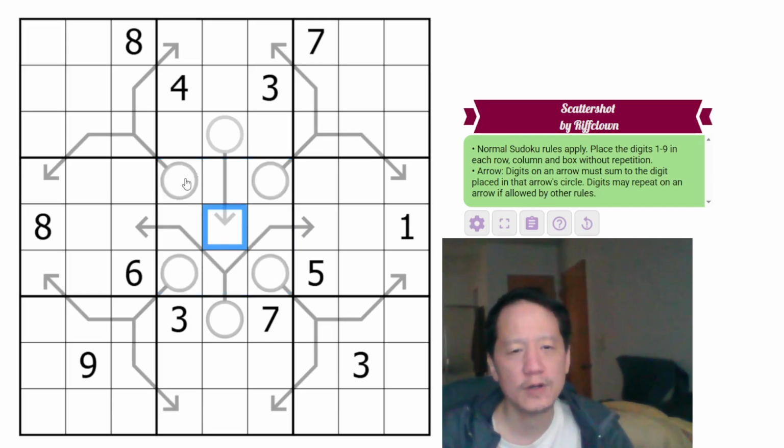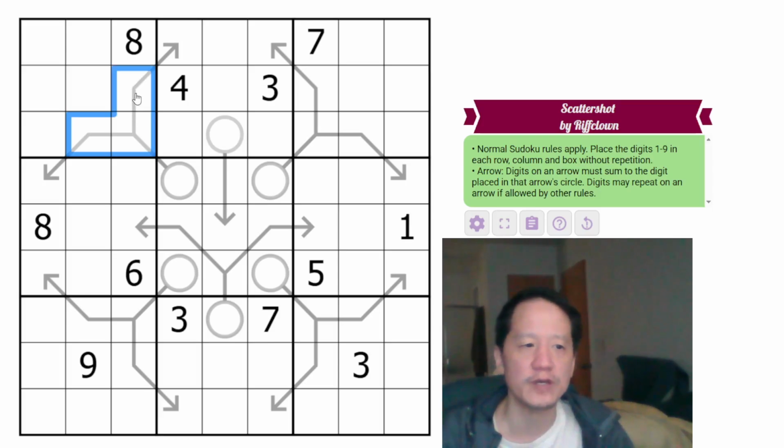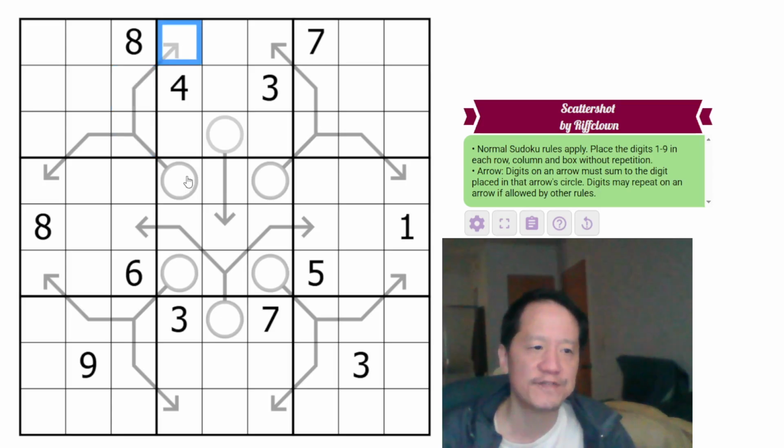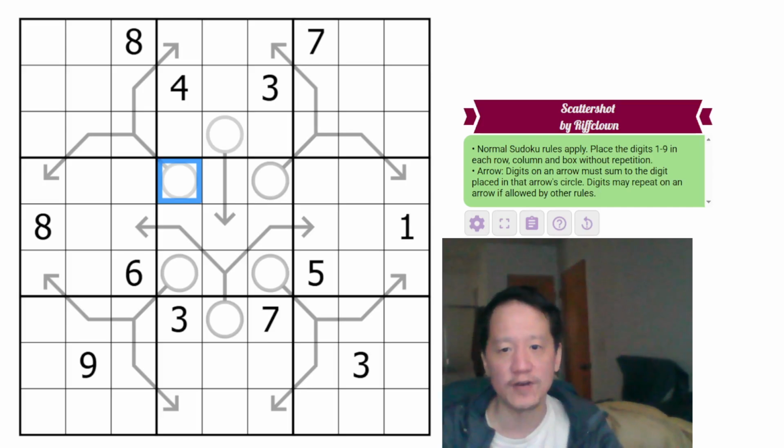Well, this middle box can be either one. These can only be at minimum 1, 2, and 3. If this were 1, one of these would have to be 2, the other one would have to be 3. So one of these would have to be 1 and 3, which adds up with 1 to make a minimum of 5. So this has to be 5 through 9.